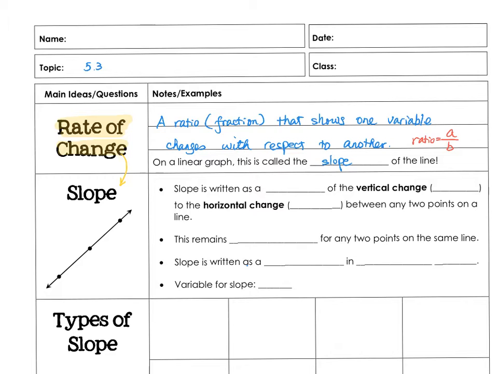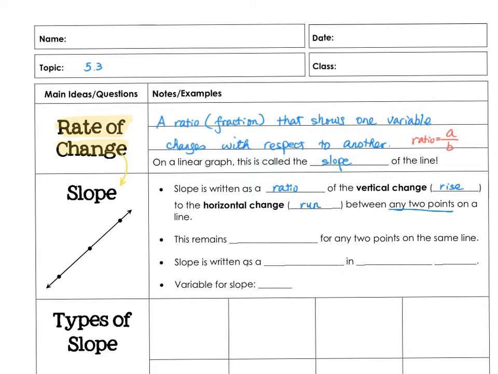And so let's talk about slope. Slope is written as a ratio of the vertical change, the change on the y-axis, which we call the rise, to the horizontal change, which we call the run. This is between any 2 points on the same line.